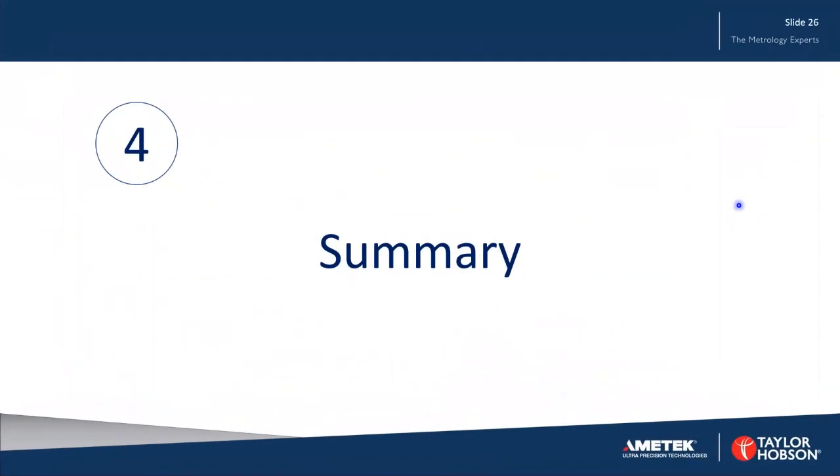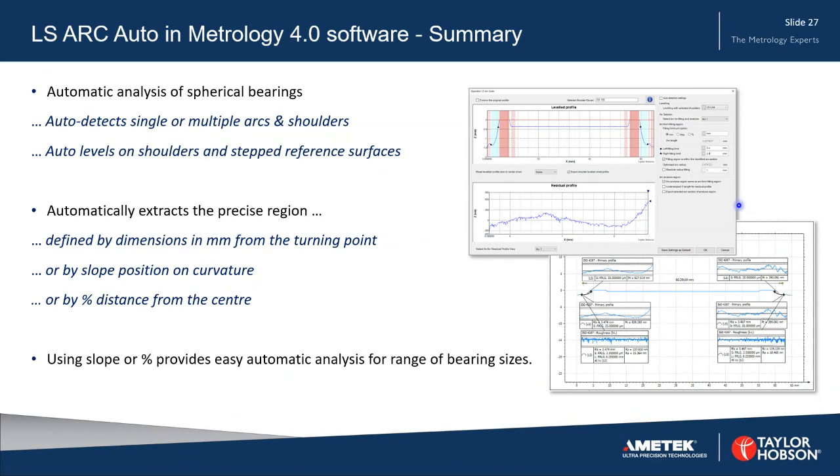So let's have a summary now of what we've seen today. We've had a look at automatic analysis of spherical bearings. We've seen how we can auto-detect single or multiple arcs and shoulders. We've seen how we can auto-level on shoulders and on stepped reference surfaces.